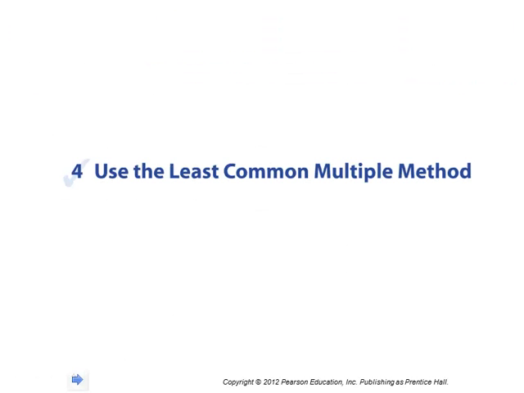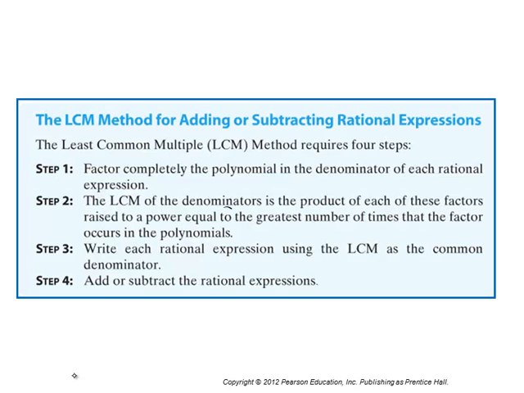Now, least common multiple means that instead of just blindly multiplying the first fraction by that second denominator, top and bottom, and vice versa for that second fraction, you could go about finding the least common multiple of those denominators.